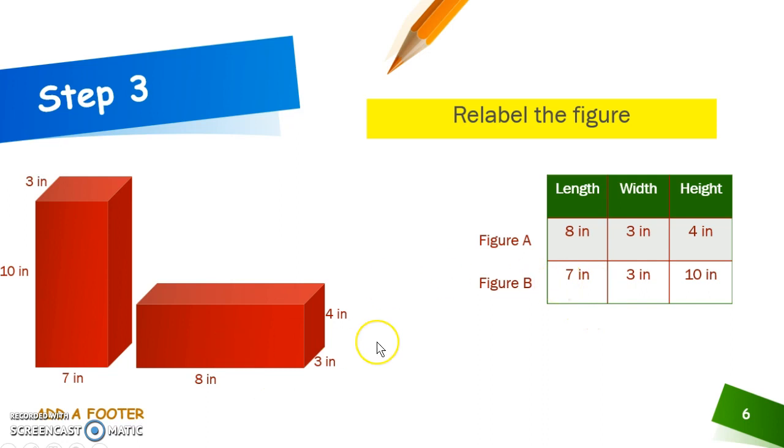And so when I separated it, the 15 went away. But what plus 7 equals 15? And I know that 8 plus 7 equals 15. So that means that the length of this figure, once it's separated, is 8 inches. And so I would relabel my figure as such and then put it into my table just like this.